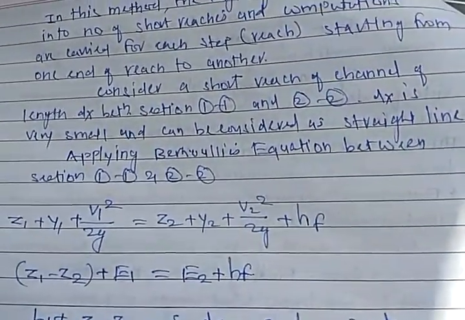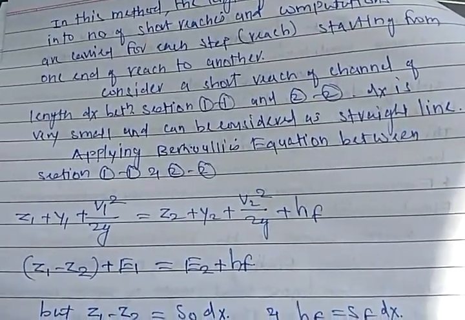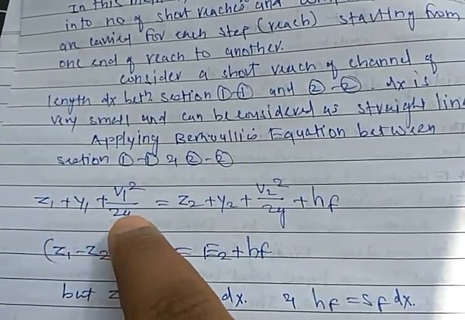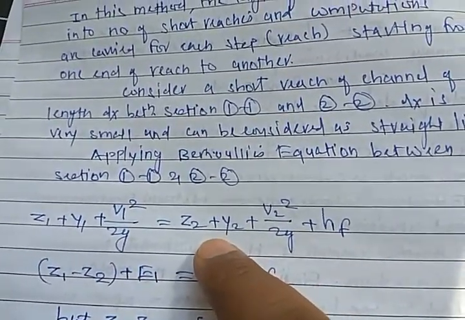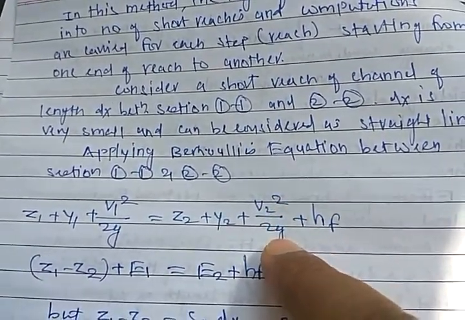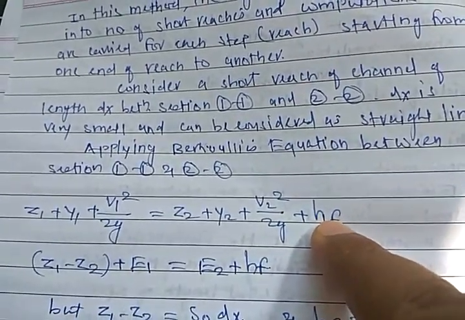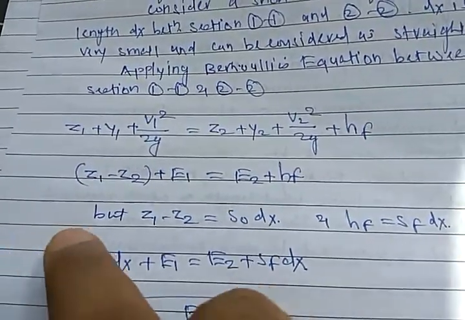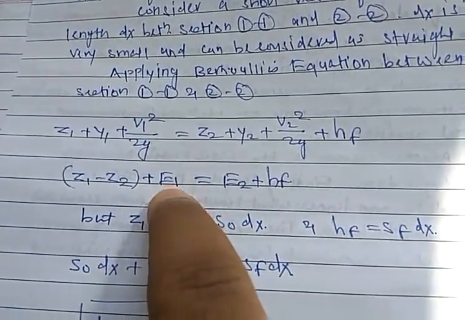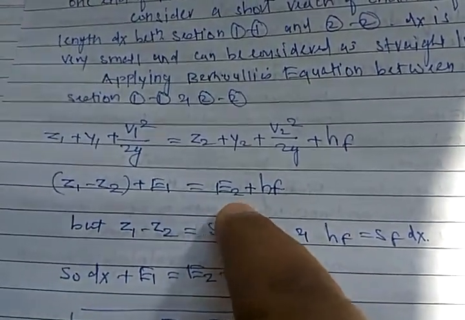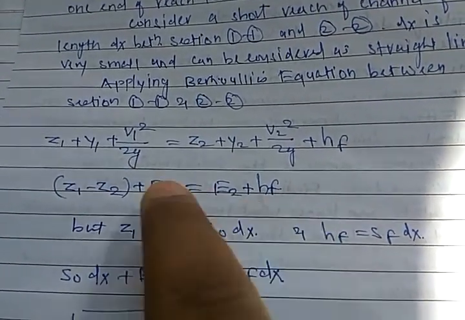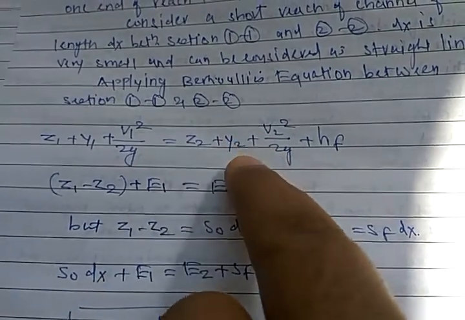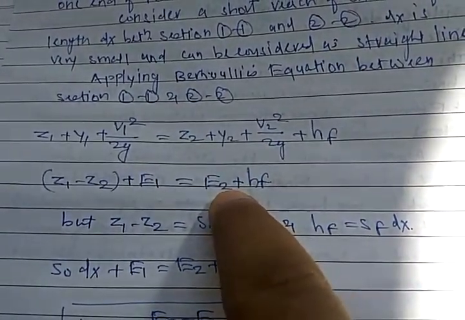Now applying Bernoulli's equation between section 1 and section 2. We are familiar with this equation. z1 plus y1 plus v1 square by 2g is equal to z2 plus y2 plus v2 square by 2g plus hf, hf obviously being the head loss. So we can write it like this: z1 minus z2 plus E1 is equal to E2 plus hf. I told you already y1 plus v1 square by 2g is nothing but E1, and y2 plus v2 square by 2g is E2.